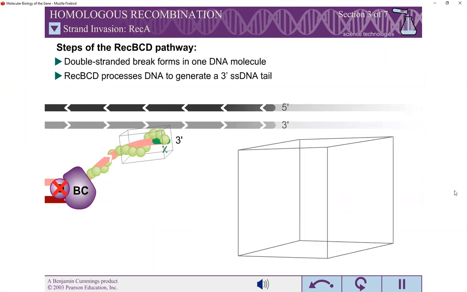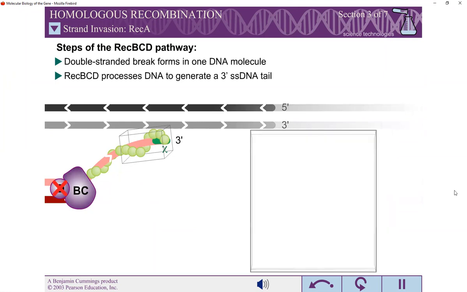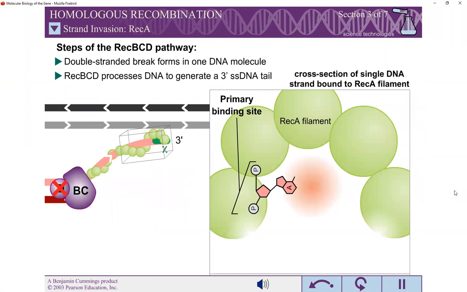The filament has 2 distinct binding sites, a primary site with the single-stranded DNA molecule and a secondary site. It has a primary binding site and a secondary binding site along with itself.